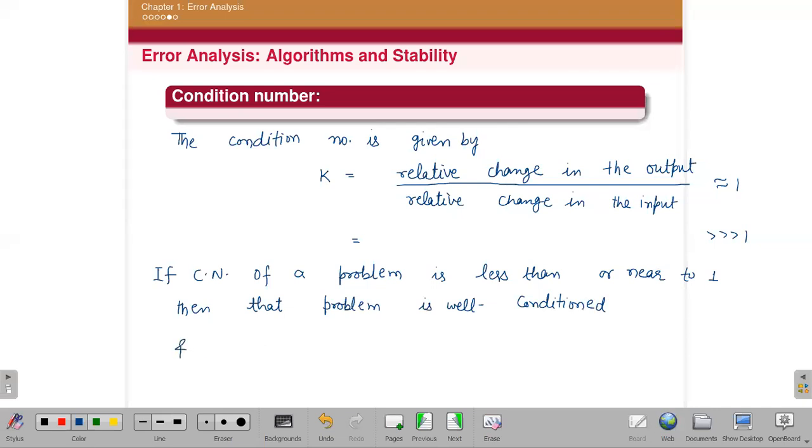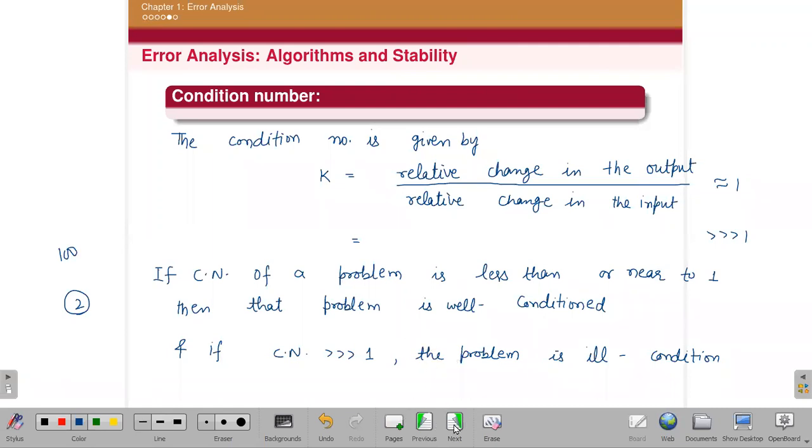And if the condition number is far greater than 1, then obviously that problem will be ill conditioned. So obviously that will depend on the question, on how far it is from 1, because sometimes 2 will be far away from 1 and sometimes 100 will be near about 1. That will depend on the question, whether the condition number far away from 1 is a stable condition or unstable condition. So that will be depending on the question.